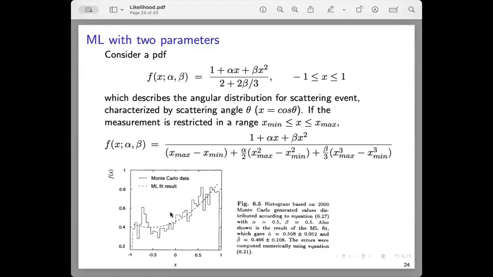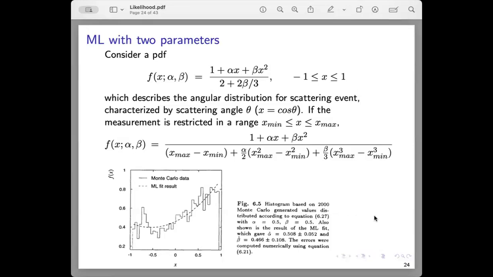Okay. When you do the fit, the result matches pretty closely what was generated, around the same value 0.5, with about 10% error for alpha and about 20% error for beta.